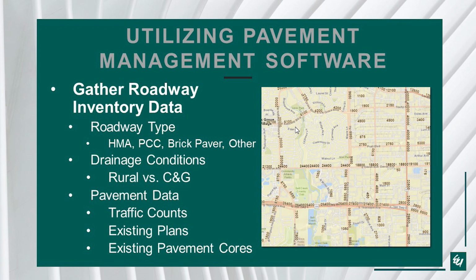Any existing pavement data, traffic counts, existing pavement information, and existing plans will tell you what the existing pavement structure is. Is it adequate? Was it based on an older standard and you want to update it to a new standard? All that goes into determining what rehabilitation method you want to use.